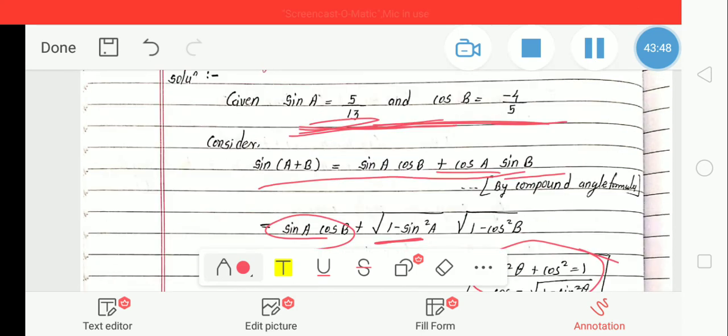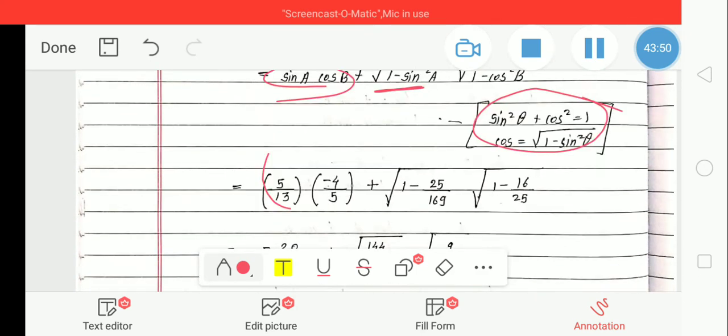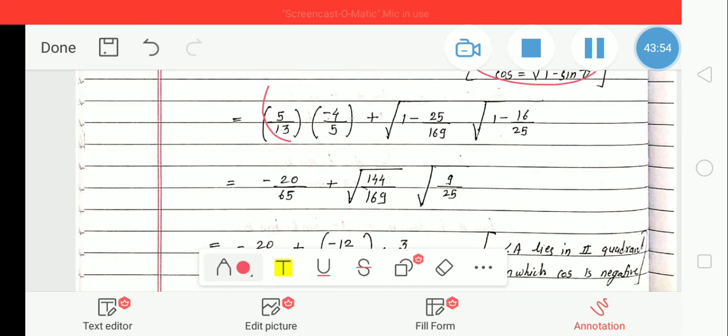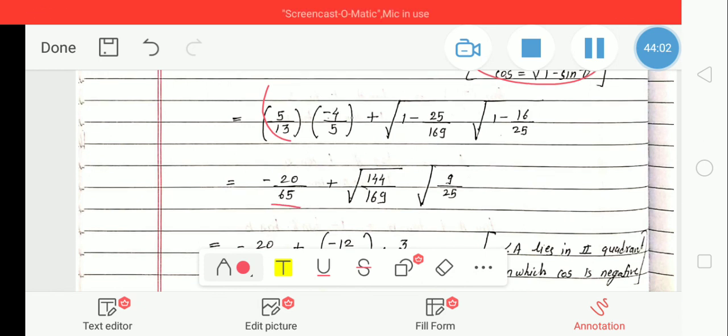We put this in the equation, giving this. Now 5 multiplied by minus 4 is minus 20, and 13 multiplied by 5 is 65. In this, 169 multiplied by 1 minus 25, so 144 divided by 169. Here also 25 multiplied by 1 minus 16, so 9 by 25.